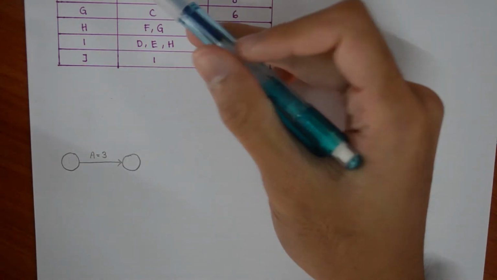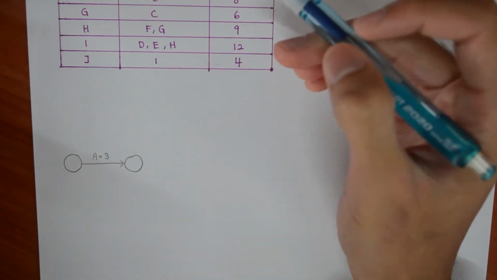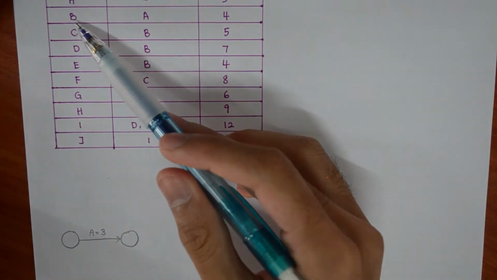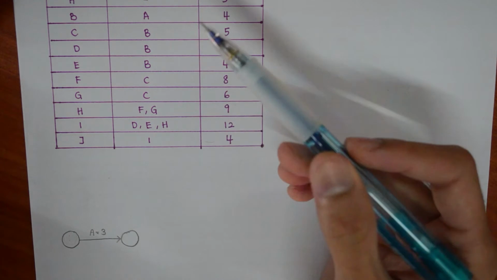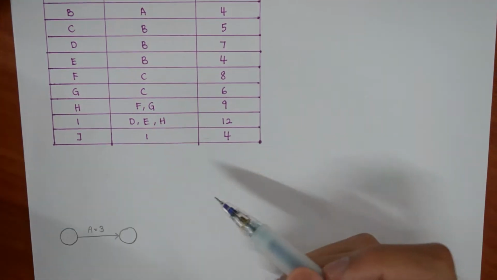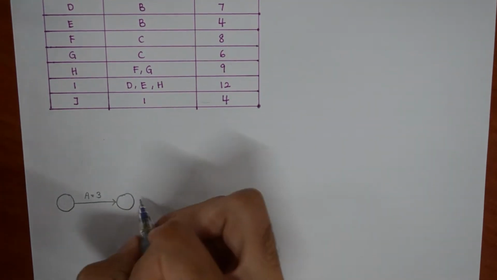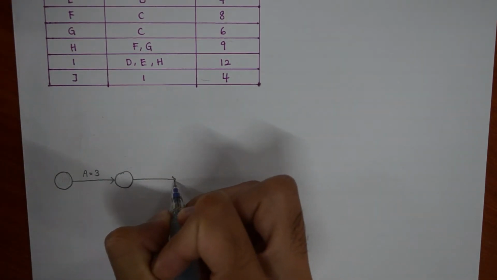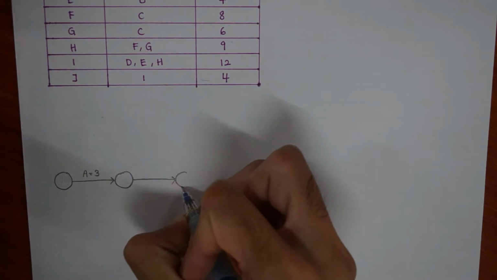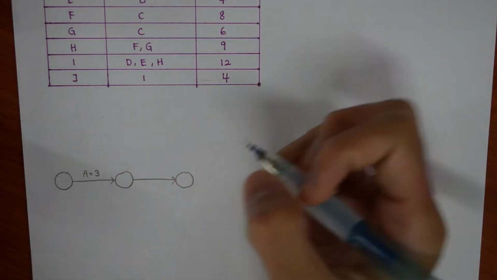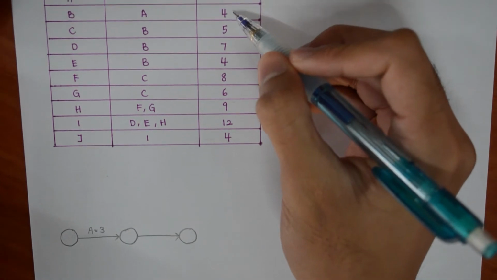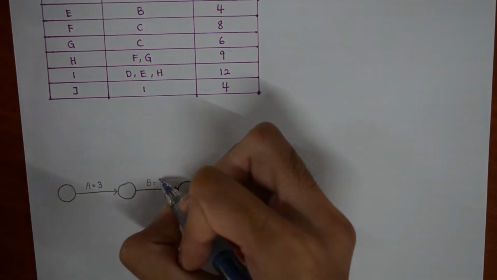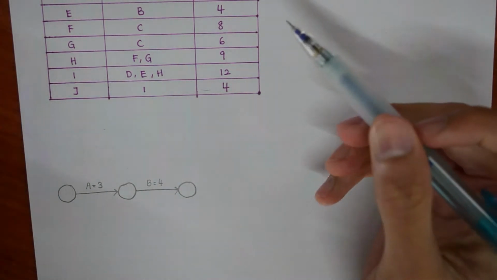Next, we continue with activity B. We are going to do the same as what we did for A. Activity B is a successor of activity A. So the duration is 4 and we draw a line here with an arrow, and then B equals 4, so we put B equals 4.